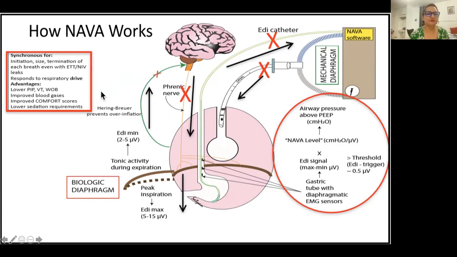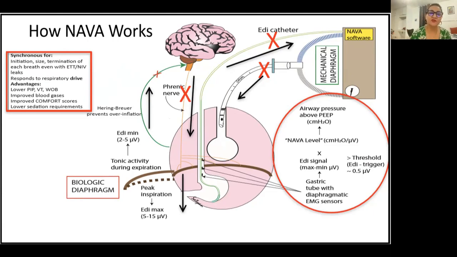And so the synchronization for initiation is there. For termination of each breath is there, whether you are using endotracheal tube NAVA or non-invasive NAVA. And it responds to the respiratory drive.